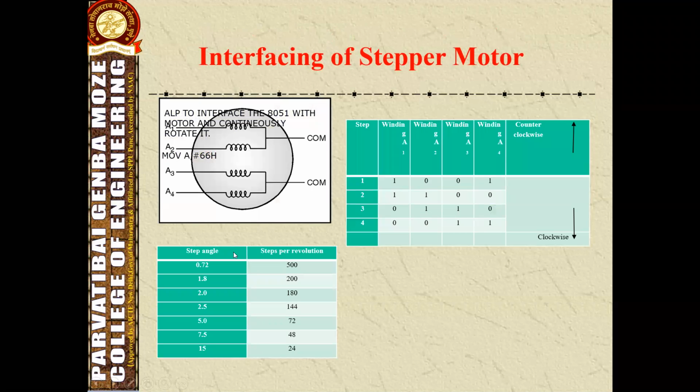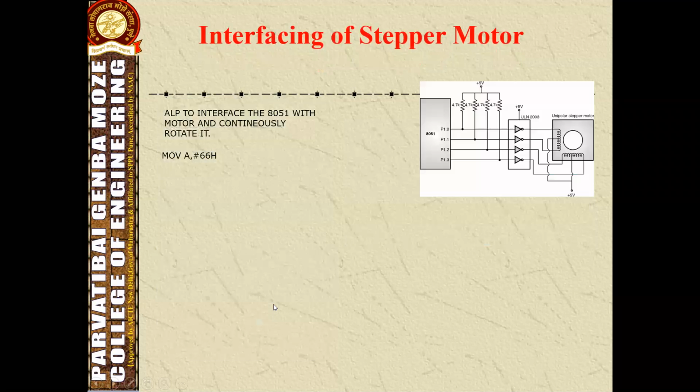At a certain angle, certain steps are mentioned, so we can consider one of these, or by altering a few values the angle will change. Here they have mentioned 500 steps per revolution at 0.72 degree angle, and 180 steps per revolution at 2 degree step angle. So let's see what happens when considering this one.